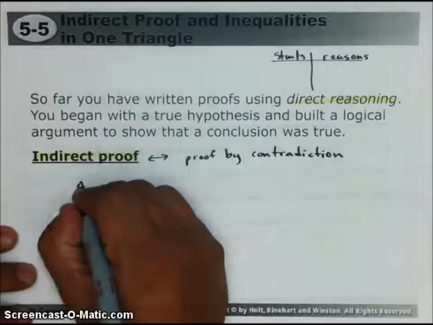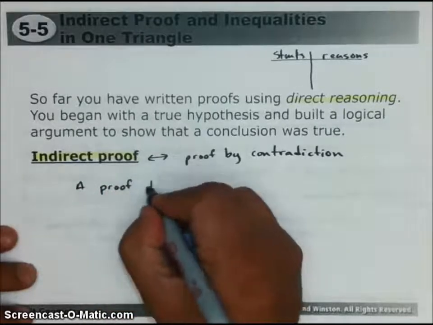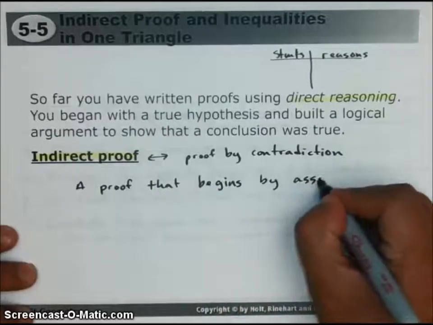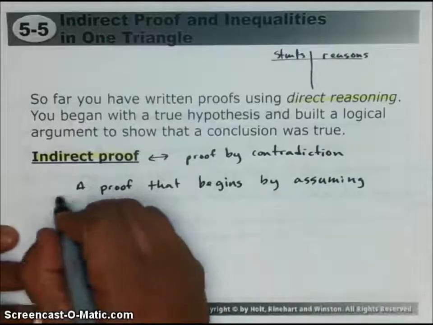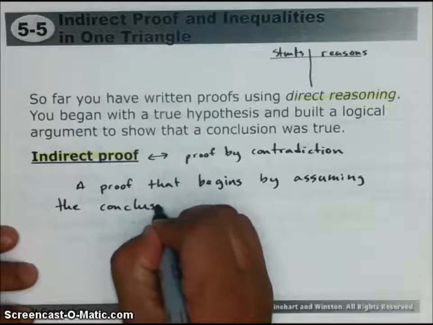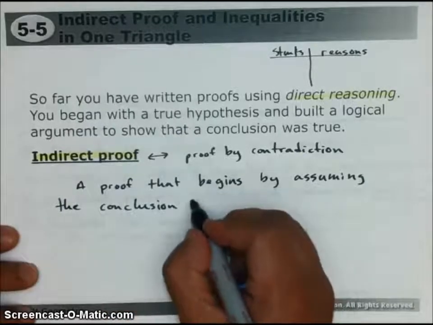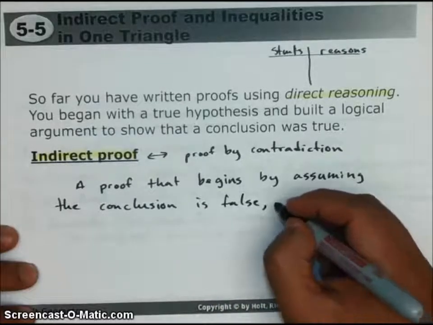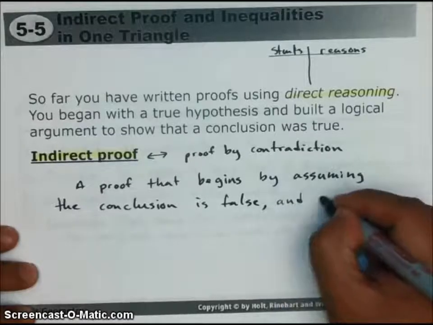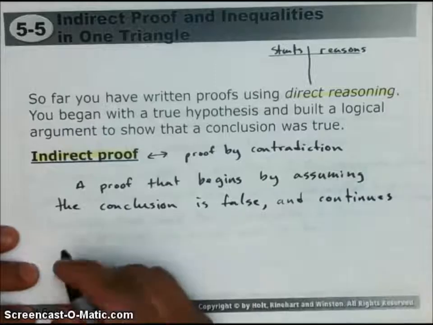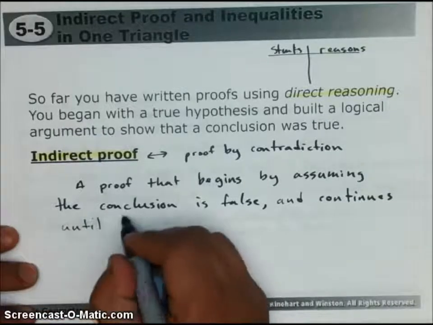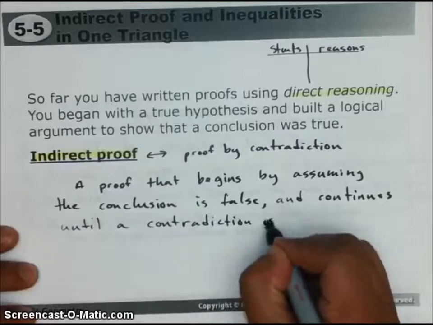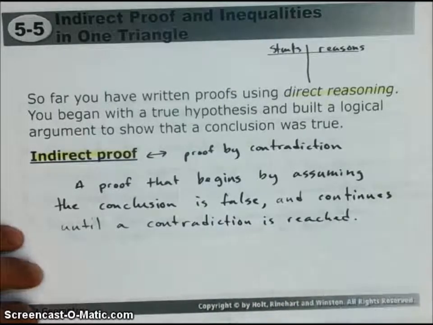An indirect proof is a proof that begins by assuming the conclusion is false and continues until a contradiction is reached.